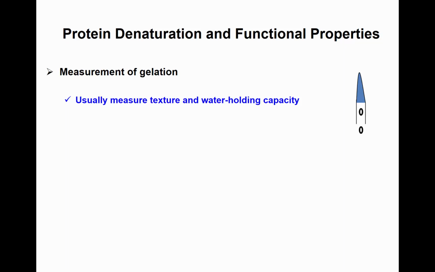How do we measure gelation? First of all, water holding capacity, like I said, is the water held in a gel, in a three-dimensional matrix. So you can do one test measuring two things, water holding and gelation. You can form a gel in a tube using a thermally induced treatment.